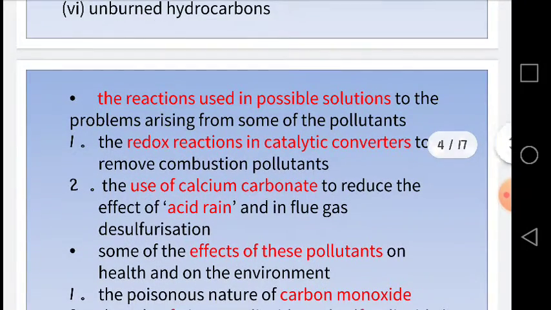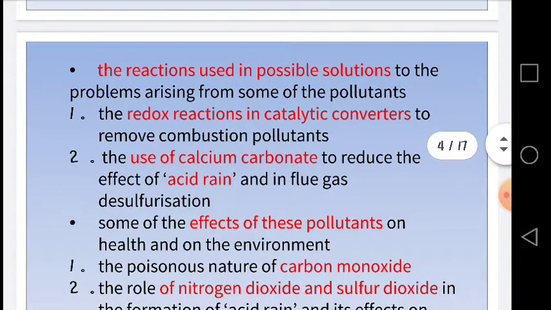Then we will be able to understand the reactions used in possible solutions to these pollutants. Our first focus will be the redox reactions in the catalytic converters to remove combustion pollutants from vehicles, and then we will be able to understand the use of calcium carbonate to reduce the effects of acid rain and in flue gas desulfurization.